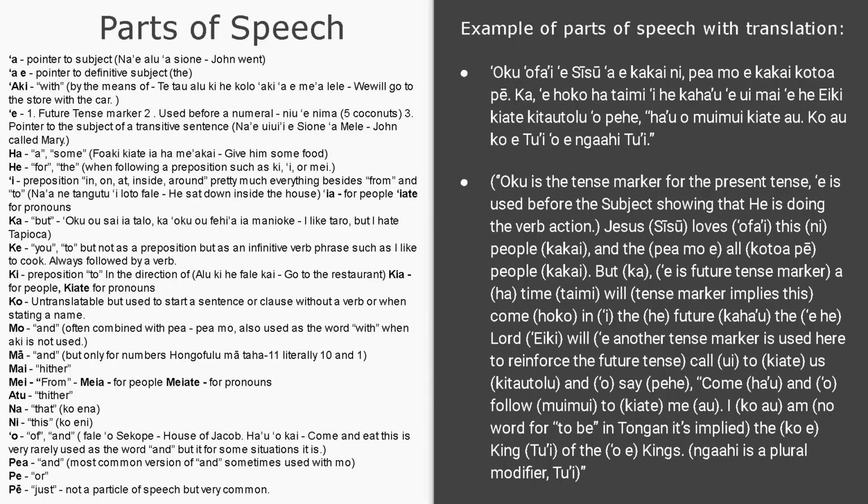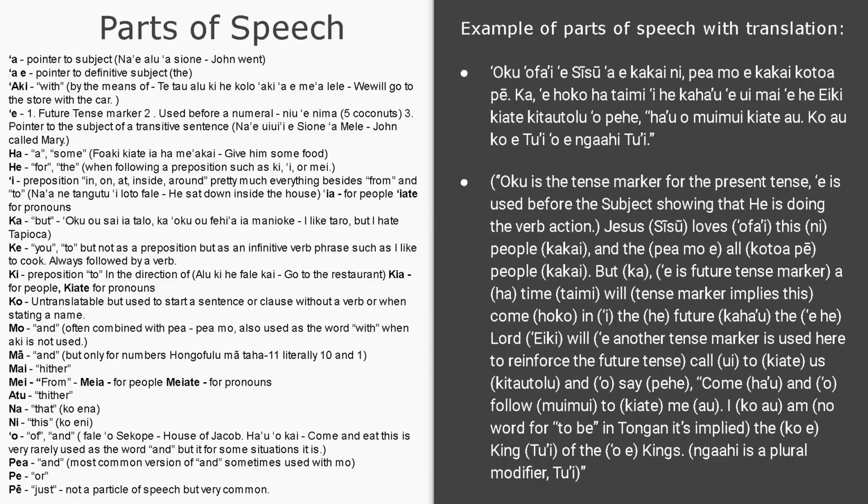So we have a sentence here, Nane tangoto I loto fale, he sat down inside the house. It's important to know with prepositions, if it is talking about a noun that is not a person, you use e. If it's for a person that you're talking to, you use ia. And if it's to a pronoun, then you use iate, and this form is followed with all prepositions.